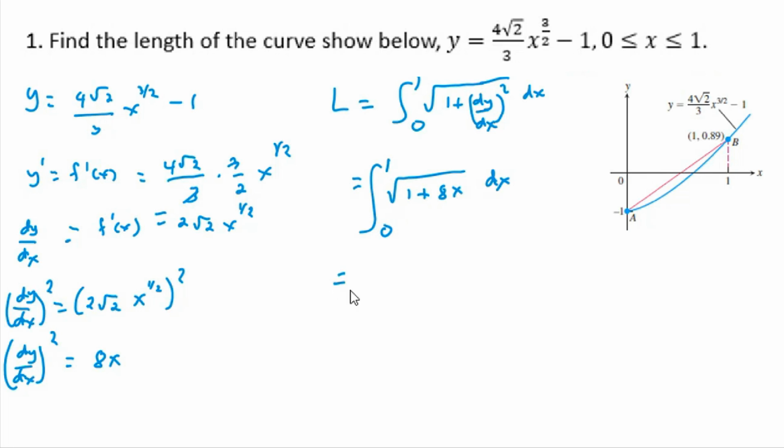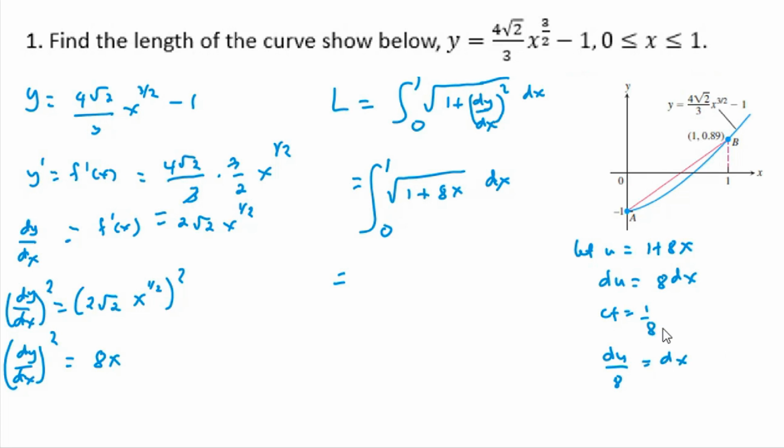Taking the integration for that, we are going to use the substitution method. I will let u equal 1 plus 8x, and the derivative du is equal to 8 dx. Since I have dx here, I will solve for dx: du over 8 is equal to dx.